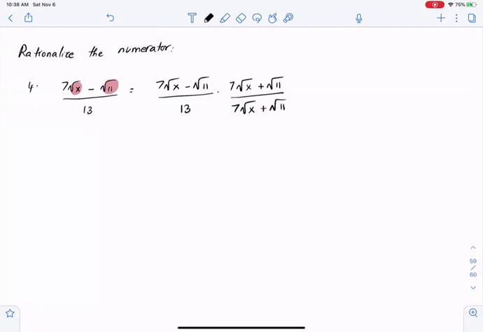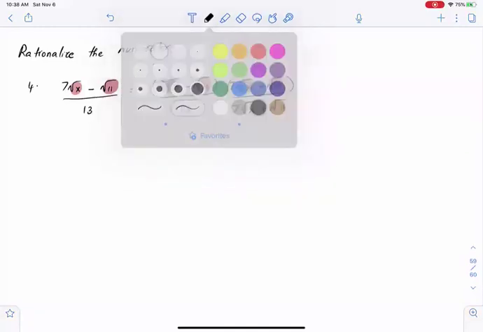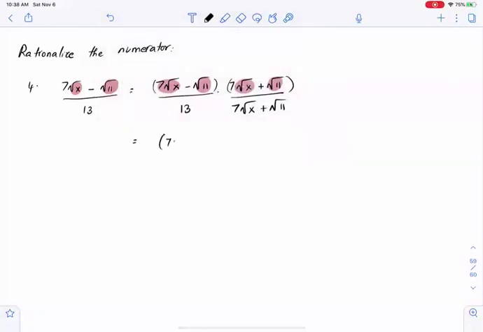So in the numerator, we now have a, b, and the factors are a minus b times a plus b, which would simply result in a squared minus b squared, divided by 13 times 7 root x plus root 11.